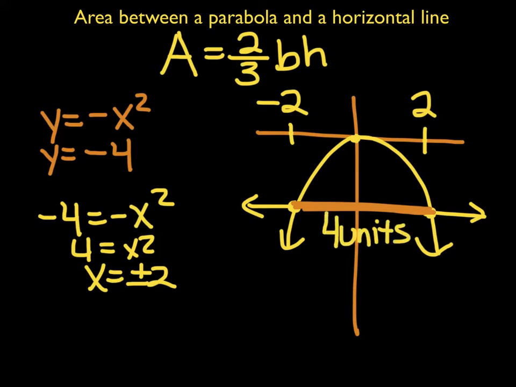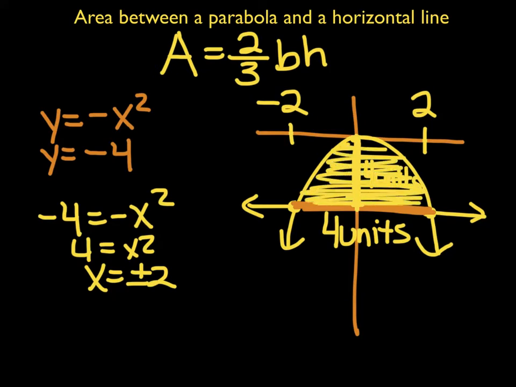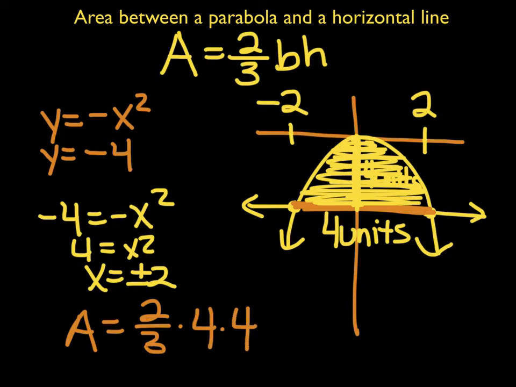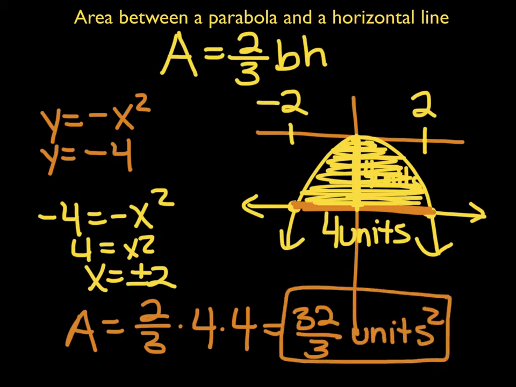And the height, this value right here, we know that's 4 units, because we know the y value is negative 4. So if I want to find the area of this whole little beehive thing here, then I would just say the area is 2/3 times 4 times 4. And when you do that, you get 32/3 square units. So that's how you would find the area between a parabola and a horizontal line.